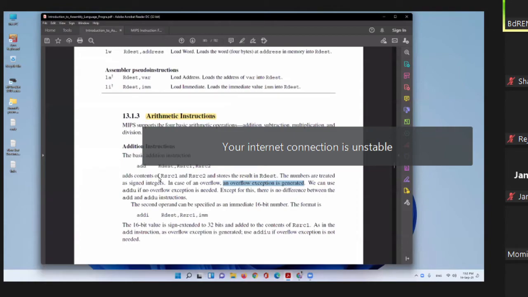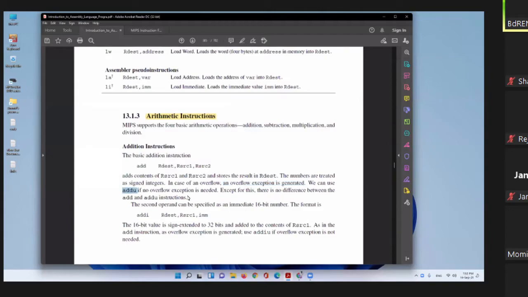But if you are using addU, no overflow exception is needed. That means if there is an overflow, your processor will not stop for this error. It will handle it by itself. That is the difference between add and addU.